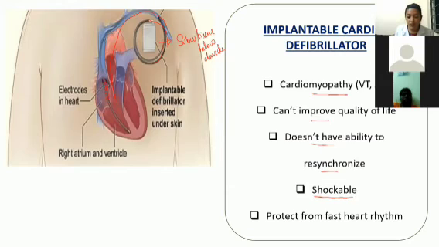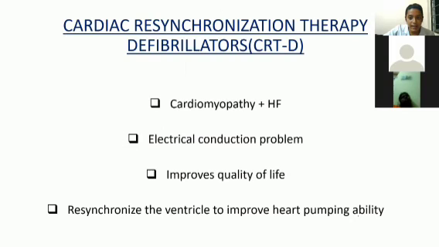So it will protect from fast heart rhythm and the patient's life can be saved. So this is the implantable cardiac defibrillator. If the heart failure cannot be managed with medical therapy only, we will go for these surgical therapies.